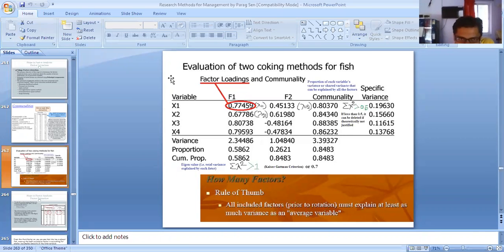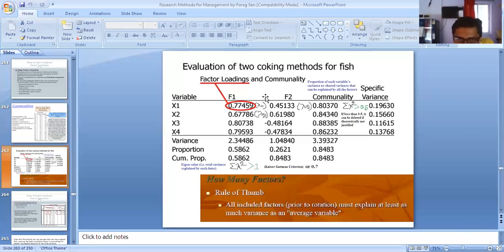You had four variables and you have extracted two factors. Here is the example for communality, and these are the variances, actually known as the eigenvalues.